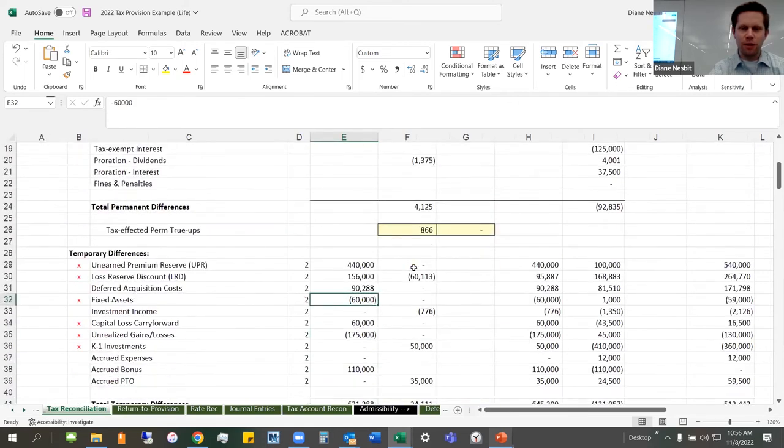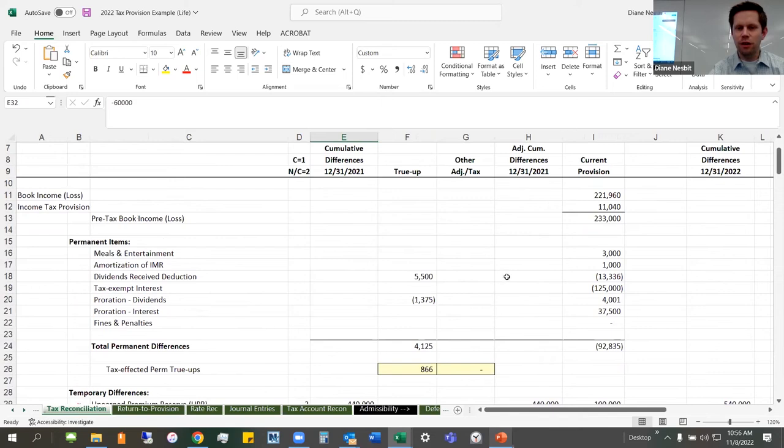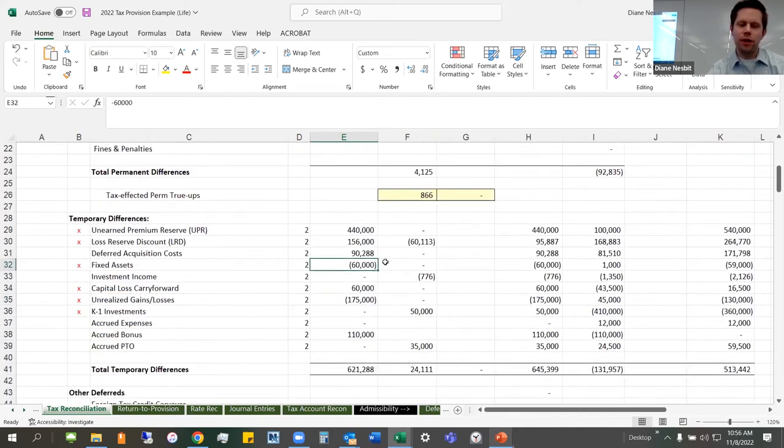Like Craig was just explaining, when you did the provision last year, you had these differences in the basis of your deferred items, but then something was different when you actually did the tax return.